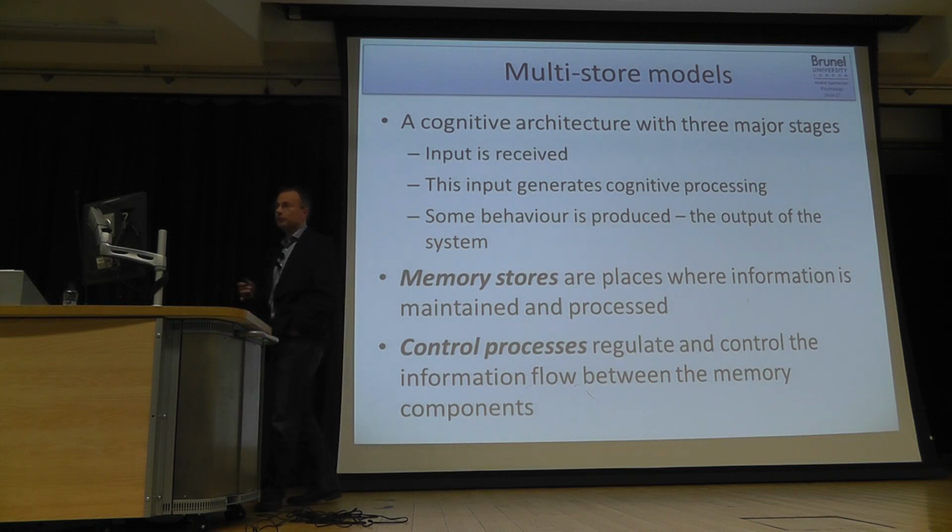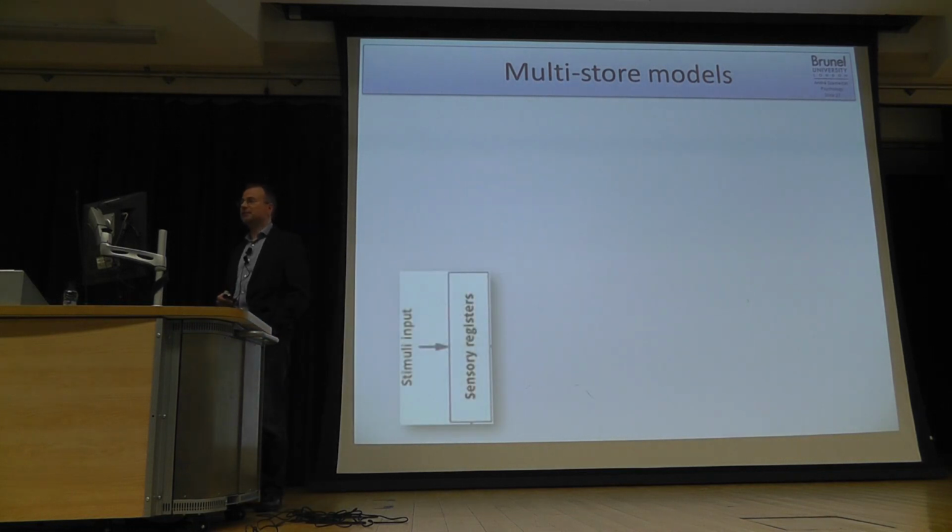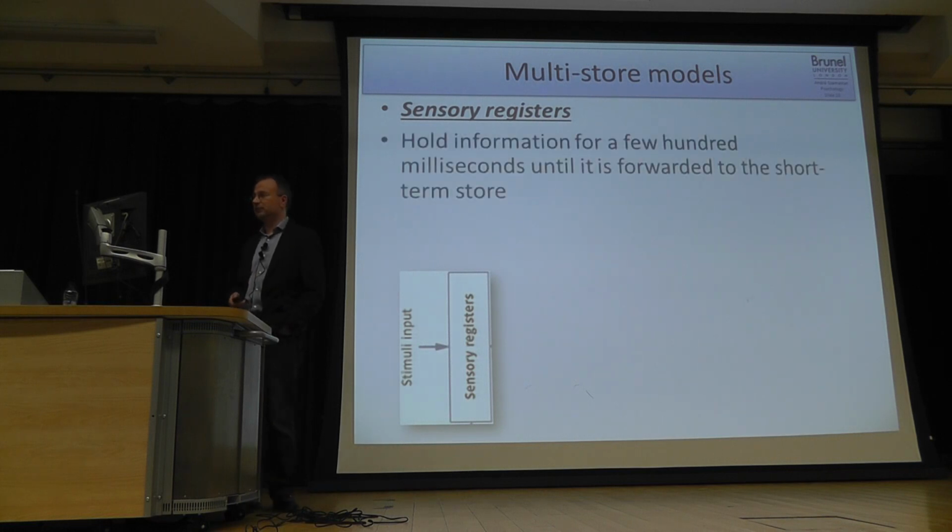Okay, let's go through the model step by step. It all starts with stimulus input from the outside world. And for ease of things, it can be a word list or a word, or it can be something else we see. And that information first enters the sensory registers.